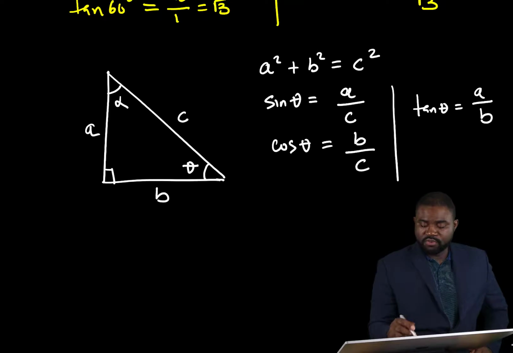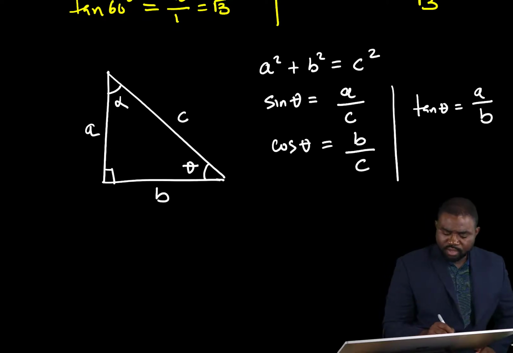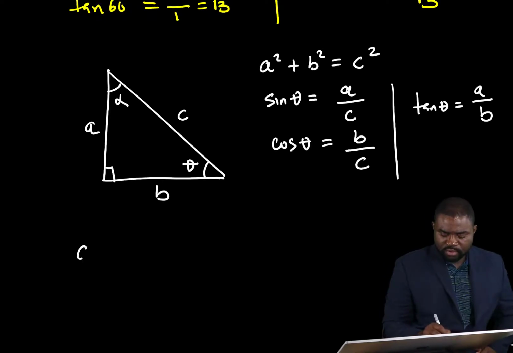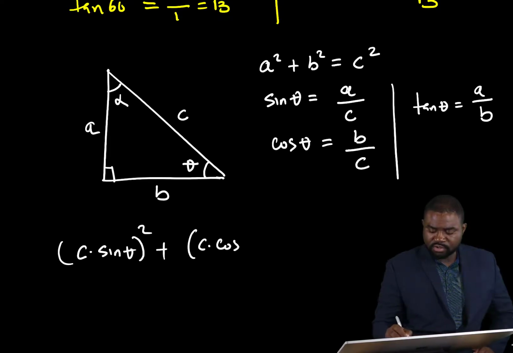But what do you notice? You realize that A squared plus B squared is equal to C squared. This would mean that C sine theta all squared plus C cosine theta all squared is equal to C squared.